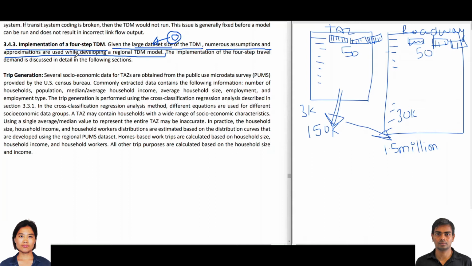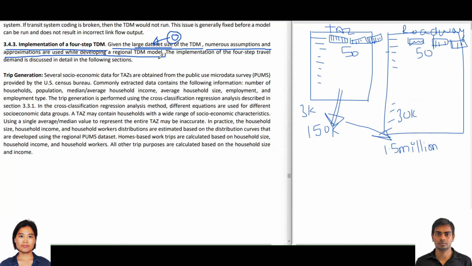Travel demand models are built for bigger MPOs for a bigger region, but when we work on a project, we are looking at a smaller region, and we want to make sure those assumptions and approximations hold true for the smaller region we are working on as well.